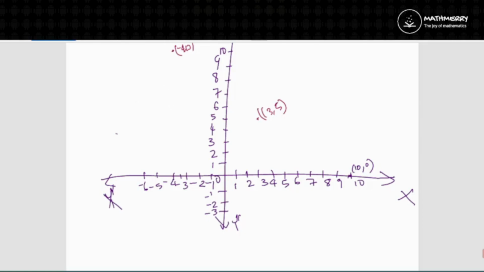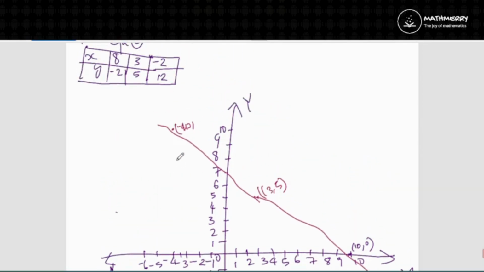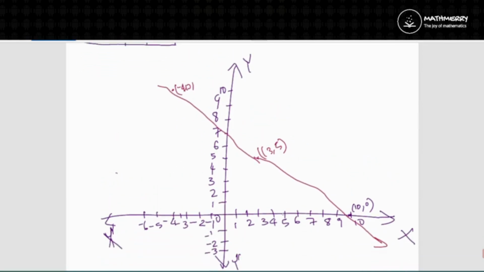So we have something like a line when we start from here to here, sorry. Okay. Now our next one, 8, minus 2. So it will come something like here, 8, minus 2.